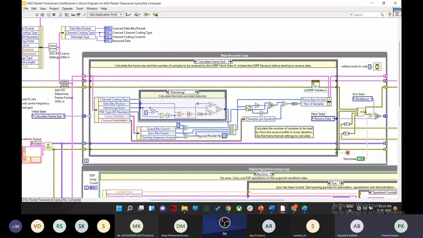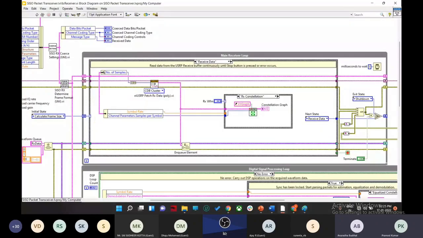After that, the next state is receive data. In receive data, depending upon the number of samples calculated in the previous state, the USRP retrieves the data accordingly, and we can see the constellation diagram in the front panel, which I'll be showing shortly. So this is how the first loop works.